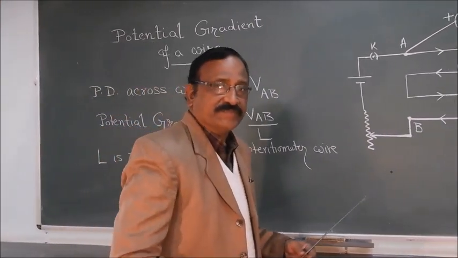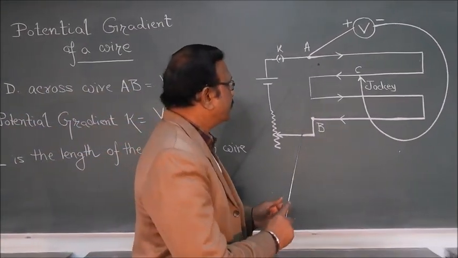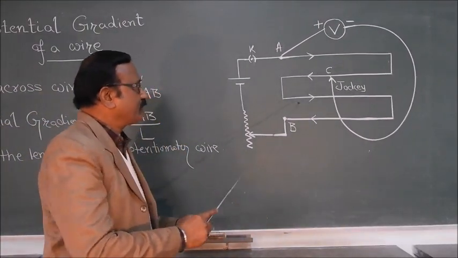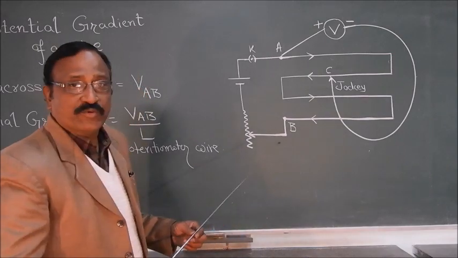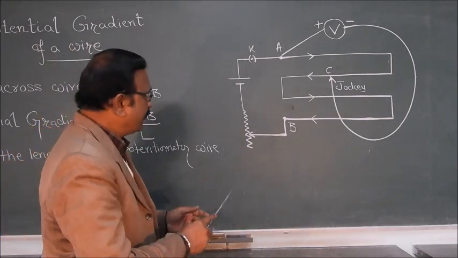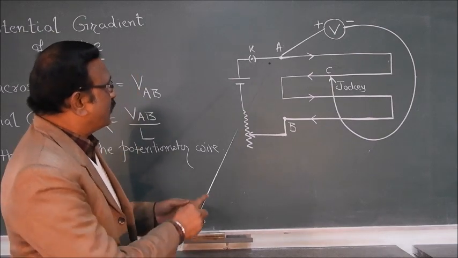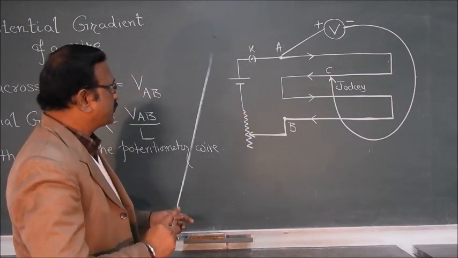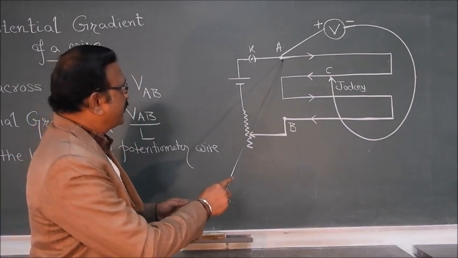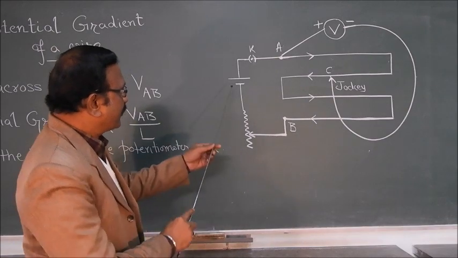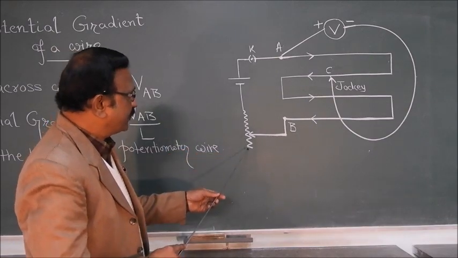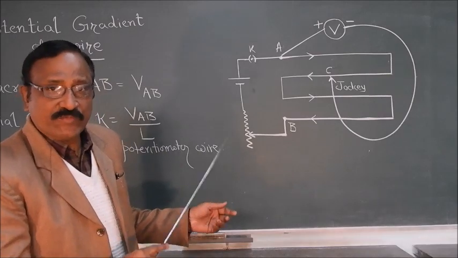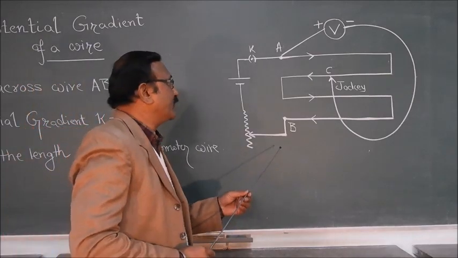Now look at the circuit. This is the potentiometer wire. 4-wire potentiometer. AB represents the wire. We'll connect a source whose positive terminal is going to point A. The negative terminal is connected with a rheostat to control the current flowing through the potentiometer wire.